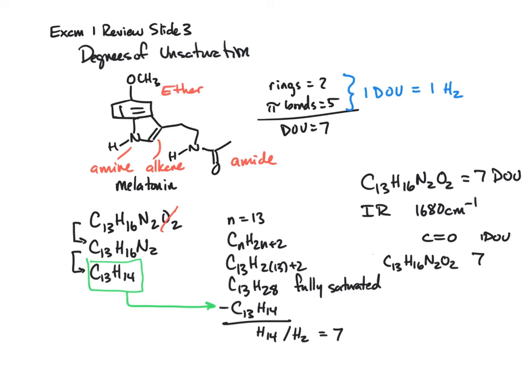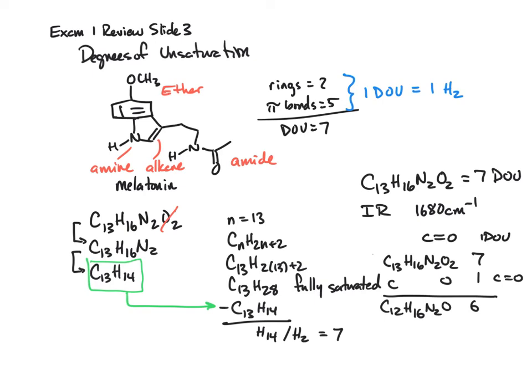We know that that molecular formula has 7 degrees of unsaturation. The IR is saying that there's a carbon and an oxygen worth 1 degree of unsaturation. So I know that that fragment exists. So the remainder of that formula now has 6 degrees of unsaturation.